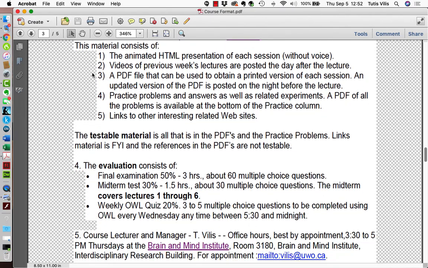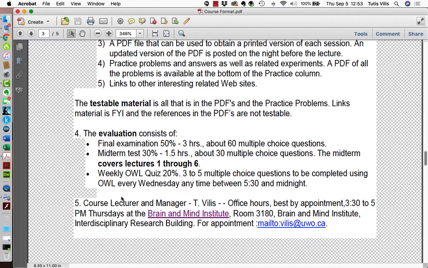The evaluation will be the following. There'll be the final exam. That'll be worth half your marks. So you'll come into the exam already with half your marks settled. And that'll be 3 hours long. It'll be 60 multiple choice questions. The midterm test will be worth 30%.